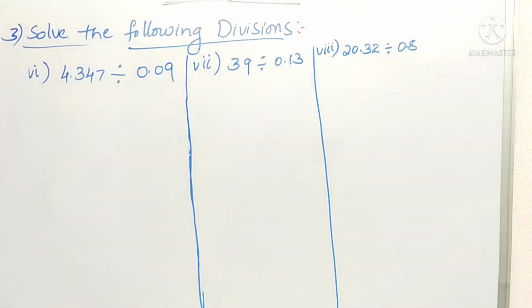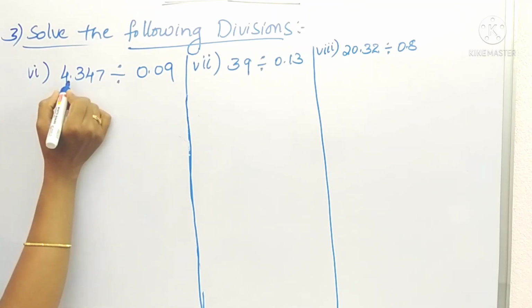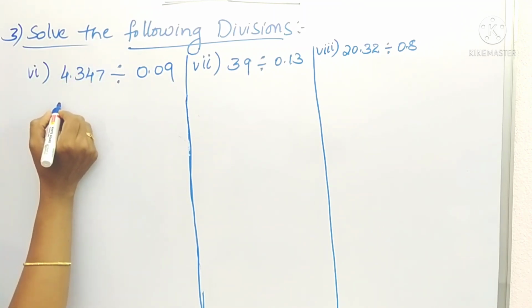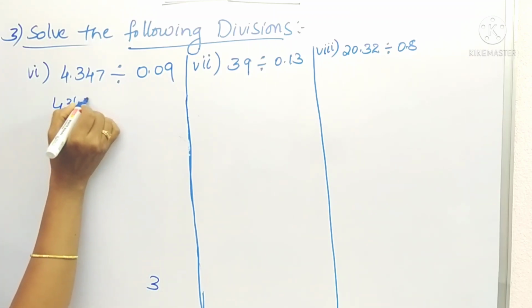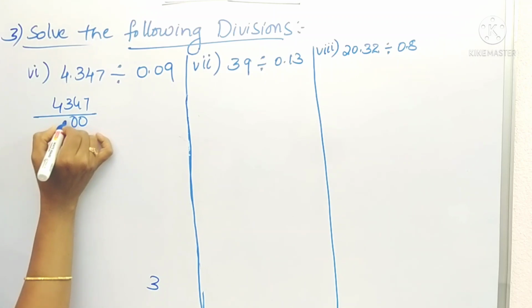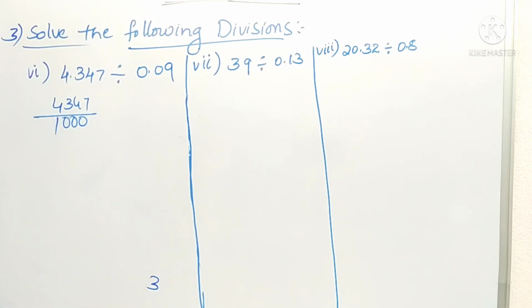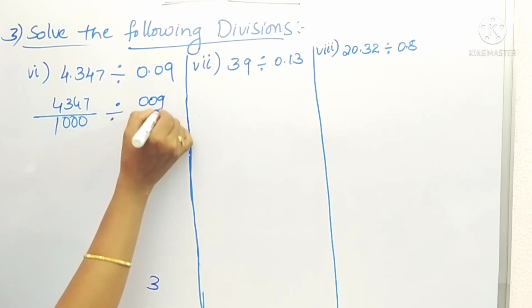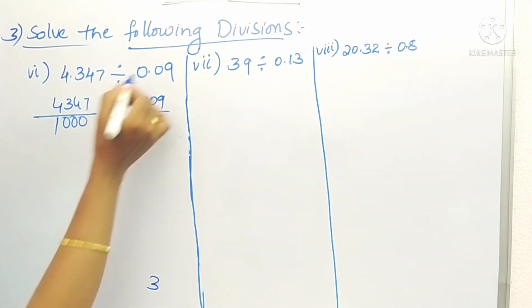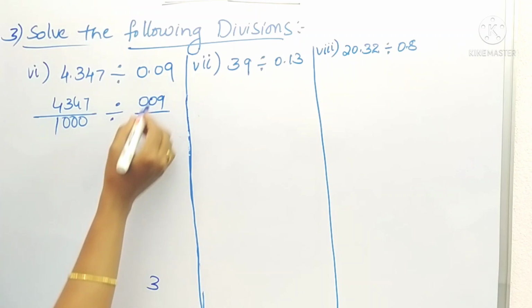Our next problem. So our sixth one, 4.347 divided by 0.09. Here how many digits are there after the decimal point? 3 digits, right? So remove the decimal point and write 3 zeros in the denominator and write 1 divided by, now remove the decimal point and write here, how many digits after the decimal point? 2.